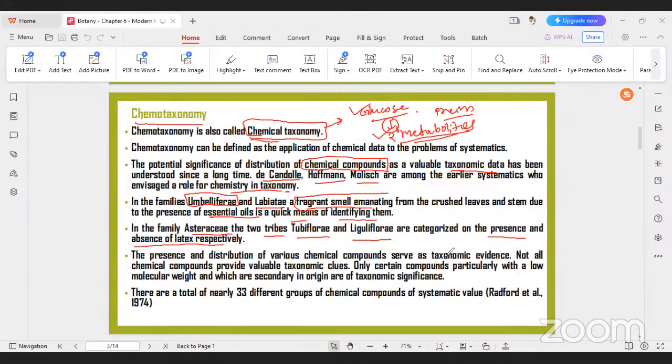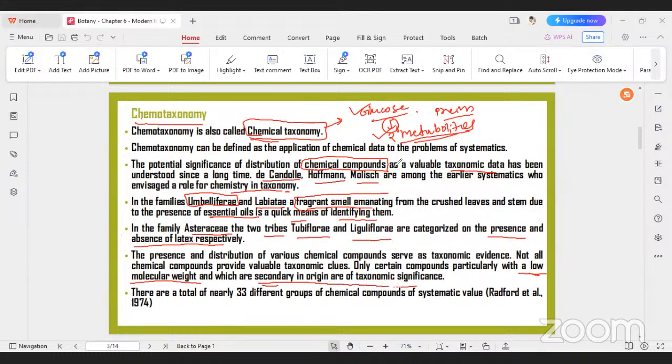Only certain compounds, particularly with low molecular weight. This is important. Particularly low molecular weight, and which are secondary in origin, and also, as already told, how the secondary metabolites form, of secondary origin, of taxonomic significance.